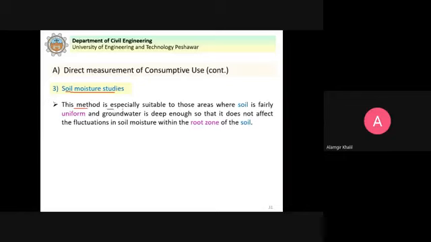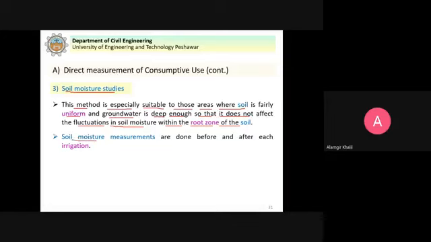This method is especially suitable for those areas where soil is fairly uniform and groundwater is deep enough so that it does not affect the fluctuations in soil moisture within the root zone of the soil.